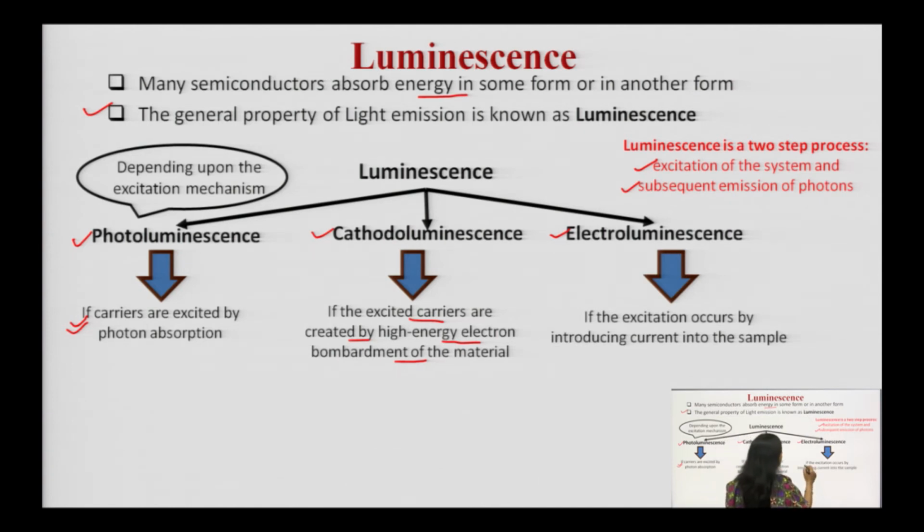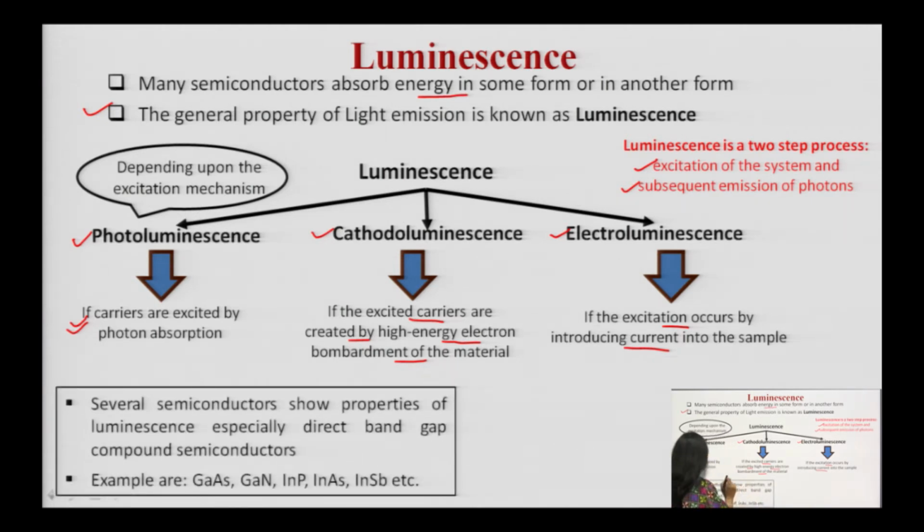If the excitation occurs by the introduction of current into the sample, then the type of luminescence is electroluminescence. I hope now you will be able to differentiate among all these three. What is photoluminescence, what is cathodoluminescence, and what is electroluminescence. Depending upon the excitation mechanism, in all these three cases the excitation mechanisms are different. So, this is how you can remember it.